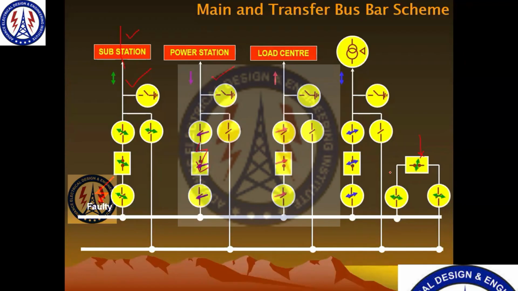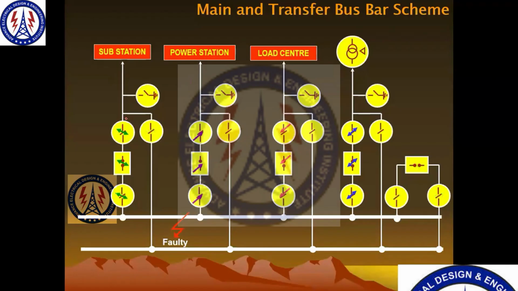So we don't have, we have only one circuit breaker. So at a time only one feeder can be transferred. Okay. So this thing you can note. And then when we have the fault on this feeder, sorry, on this bus bar, so what will happen?